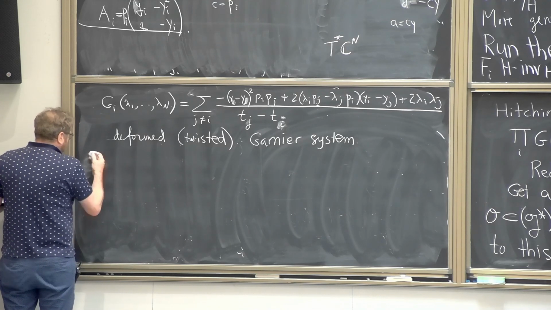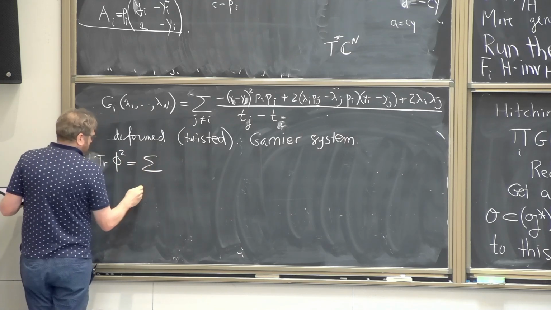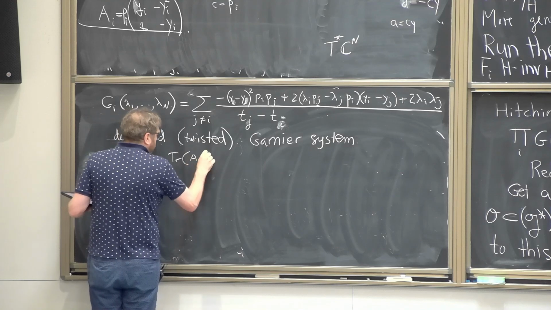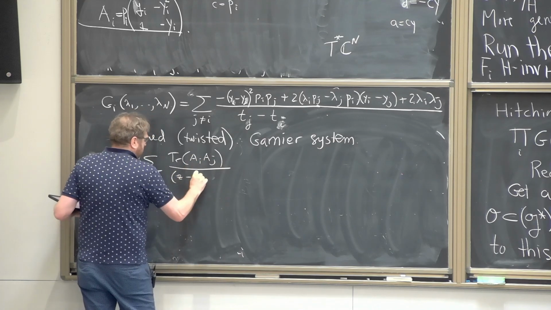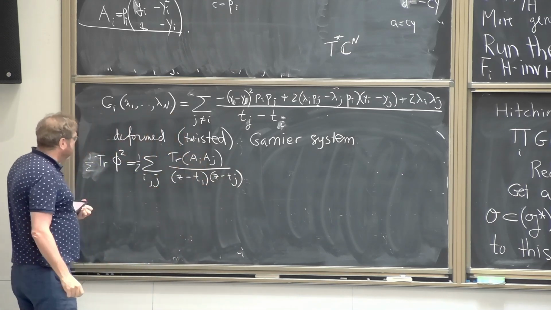So one half of the trace of phi squared is the sum over i and j of the trace of A_i A_j, times 1/2 over (z minus t_i)(z minus t_j). I am going to drop dz squared.